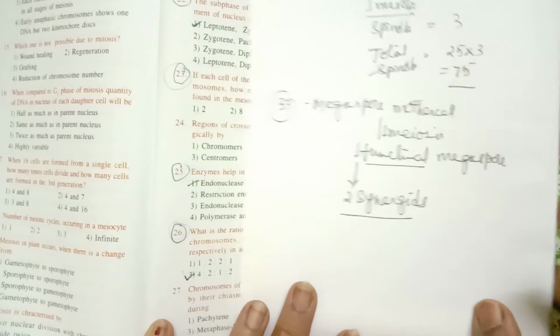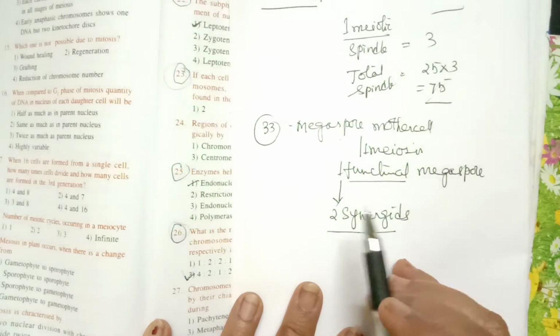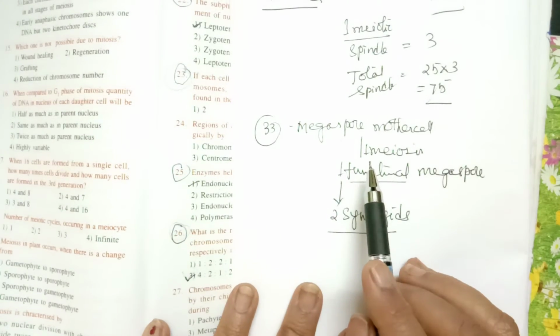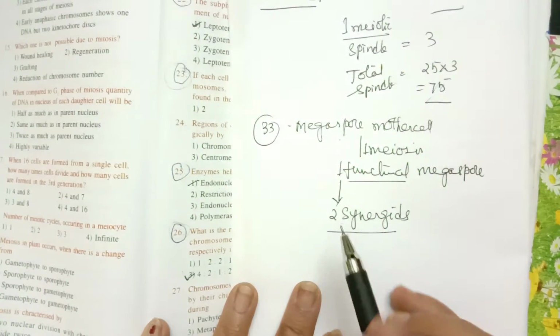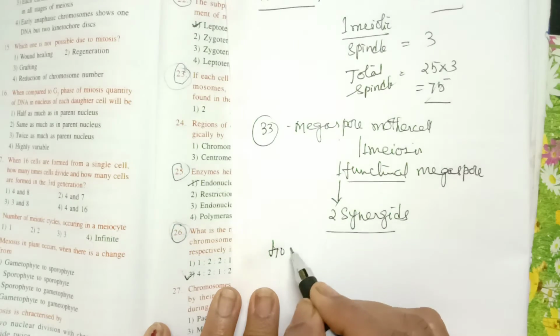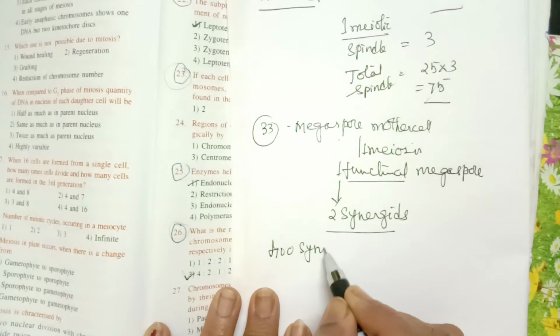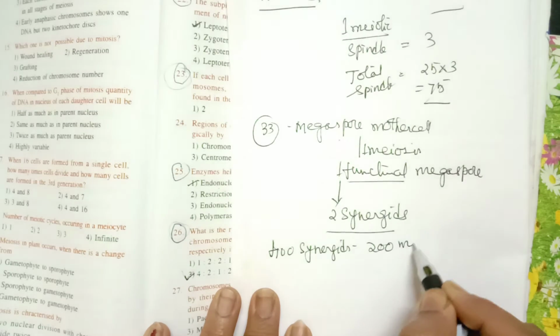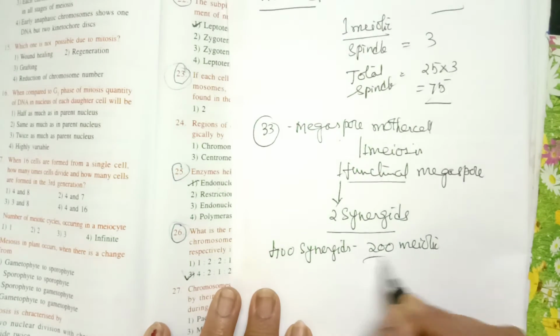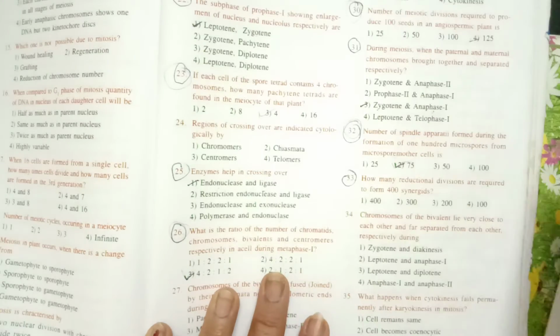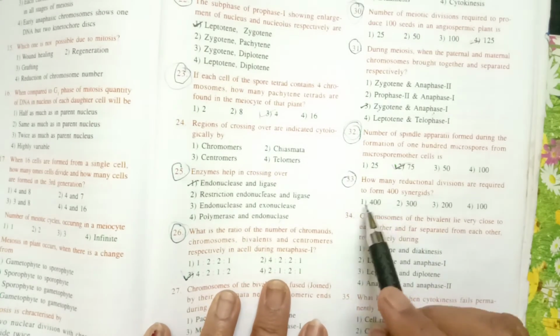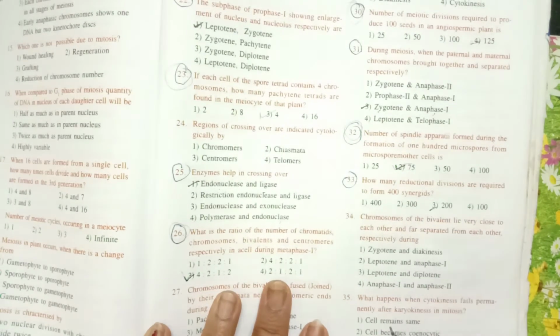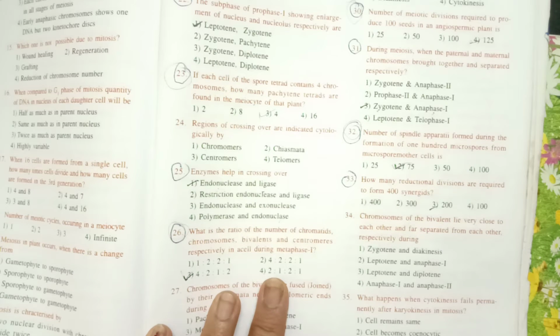Since 2 synergids are formed out of 1 meiotic division, for 400 synergids we get 200 meiotic divisions. So the answer will be 200. Here we have the option as 200 meiotic divisions.